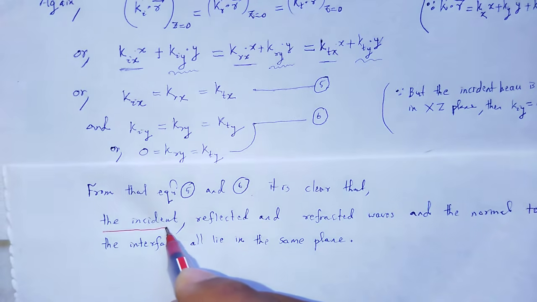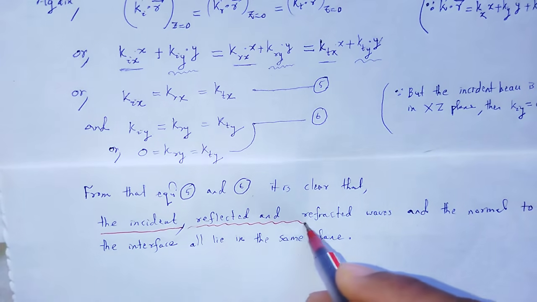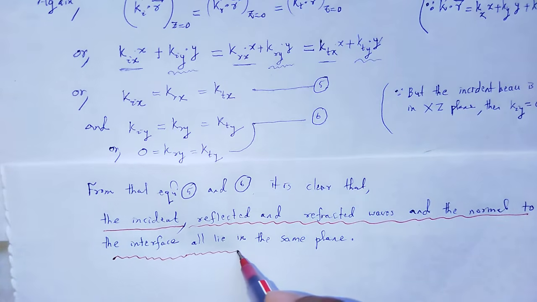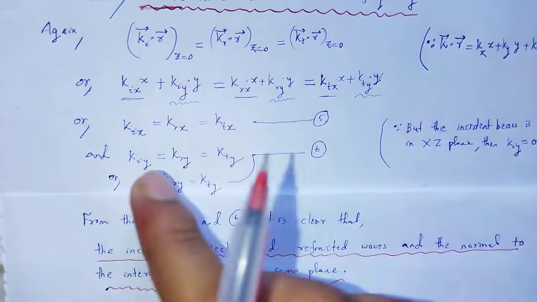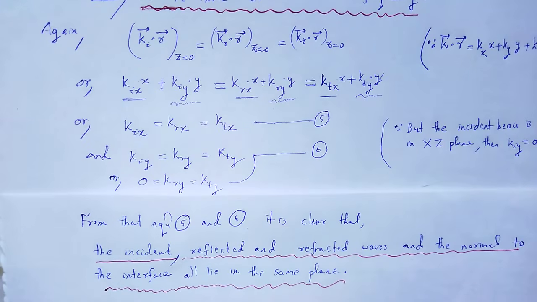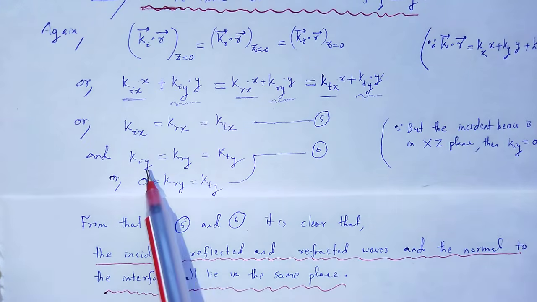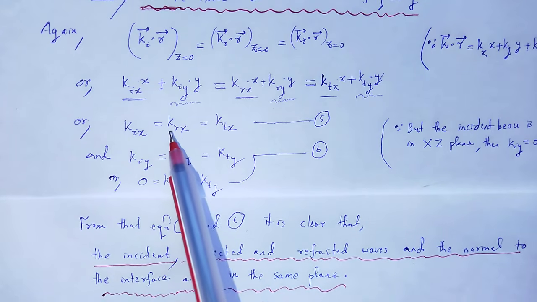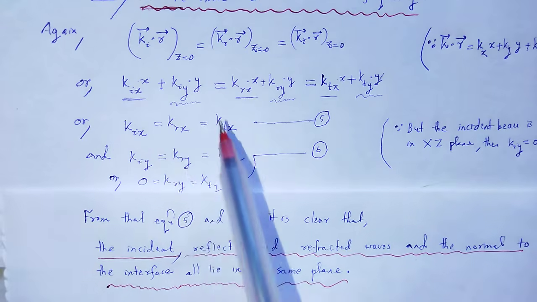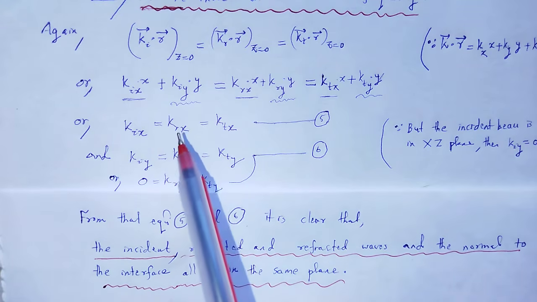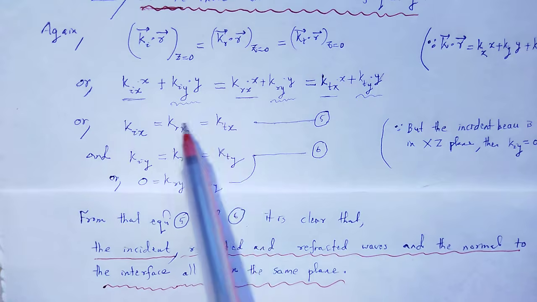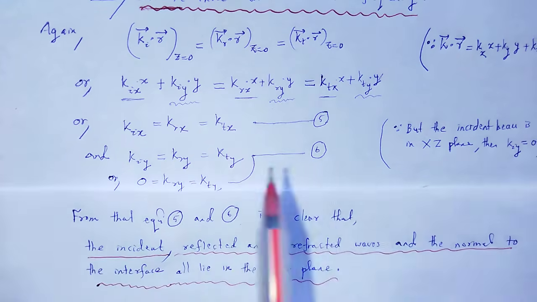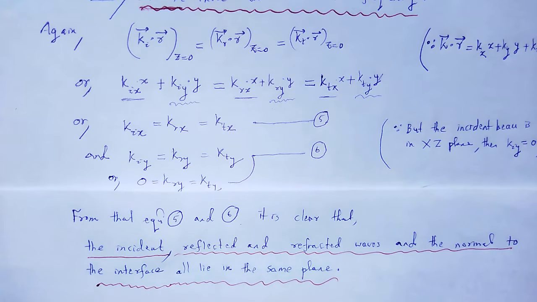It is clear from equation number 5 and equation number 6, as x component of incident, x component of reflected and x component of transmitted wave are equal and y components are now 0, then we can say all are in a same plane.